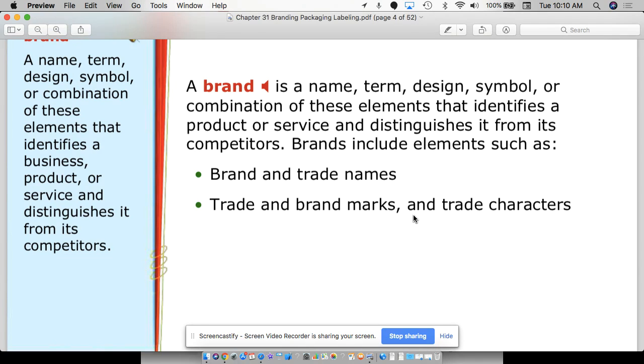So for something like the Jordan logo, that Jumpman logo that's on there is an important one because that gives people the feeling of, okay, I know that that's Nike. I know that it's high quality. I know that it's probably expensive, but it's really, really good. And so people have that feeling. When you see something like Champion, you have maybe a different feeling. That might be quality, might be inexpensive. So that's what logos are meant to do.